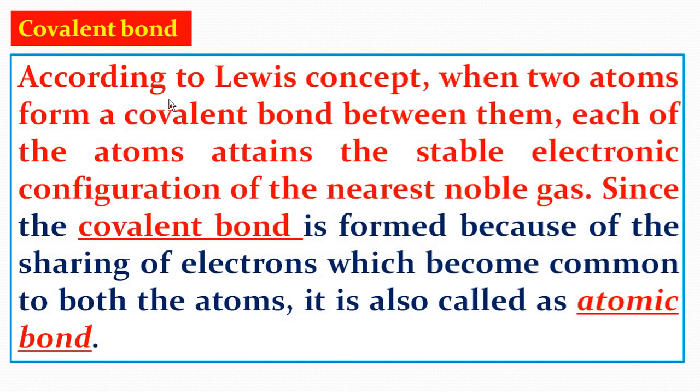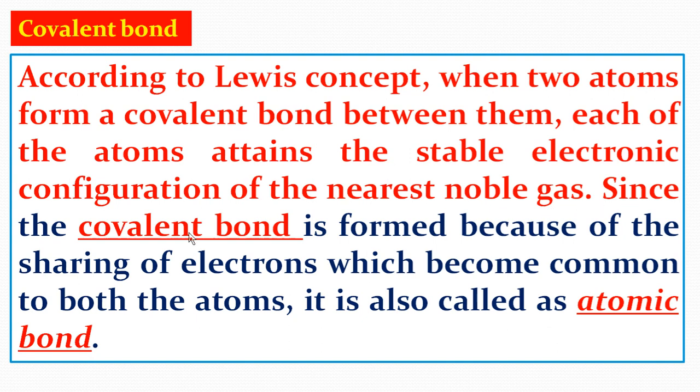The second bond is the covalent bond. It is also called an atomic bond. According to the Lewis concept, when two atoms, for example H and H, form a covalent bond between them, each of the atoms attains the stable or octet electronic configuration of the nearest noble gas.